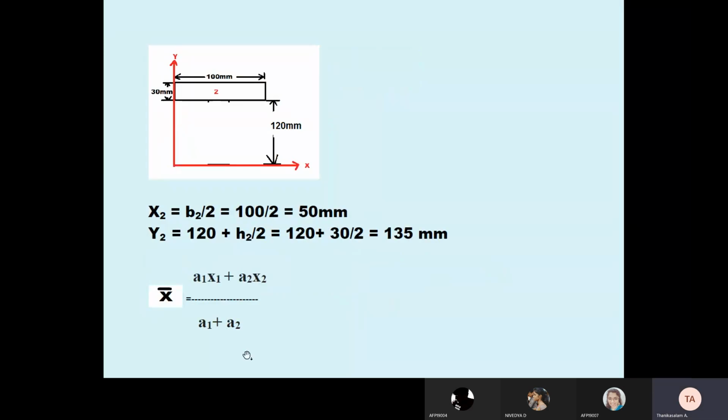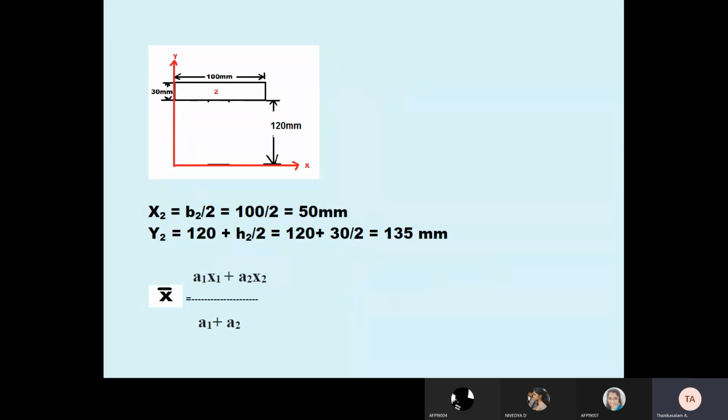Now see the second rectangle. What is x2? I have written the direct formula, b by 2. Why have I used the direct formula? It is touching the reference axis, the y-axis. X bar's reference axis is the y-axis, so it is touching, horizontal distance.